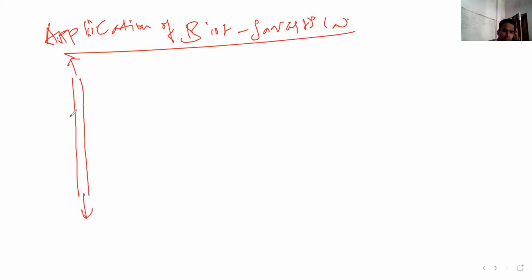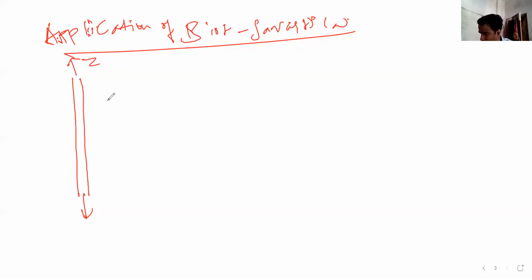Suppose this is the Z direction. If there is an infinitely long line charge and we need to get H at any point, how do we get it?